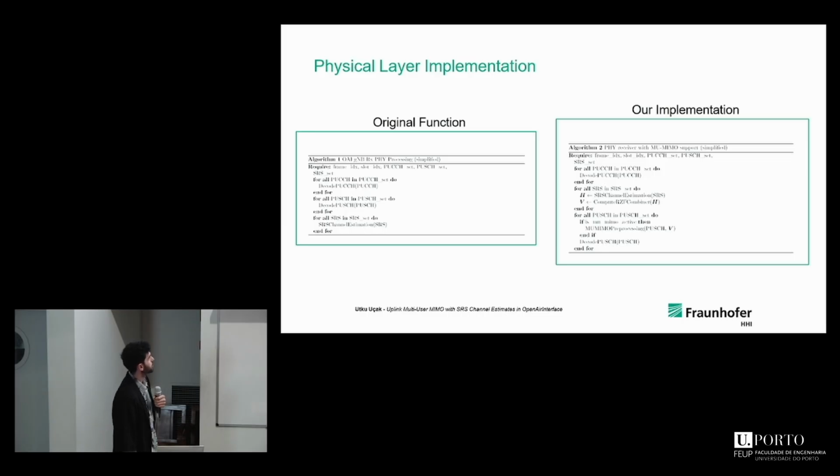We modify this signal flow so that you still do the control channel first, then you do the SRS and compute your combiners from it, and then you apply the combiner to the PUSCH signal. After this, the PUSCH processing is carried on as in the single antenna case of the regular OAI routine. So this was the very high-level architecture.